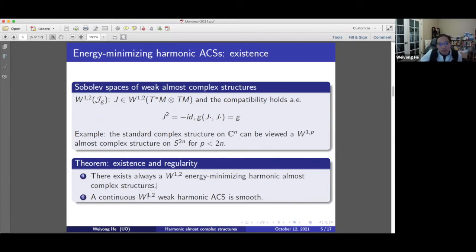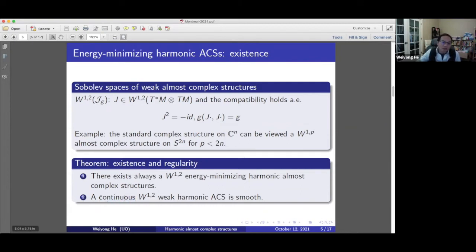The other one is regularity. In general, this kind of objects have singularities, of course. But this is a semi-linear system, so essentially it's like Laplace u equals gradient u squared, with quadratic growth on the other side. For this type of regularity, if we know that this is continuous, then one knows that it's actually smooth.